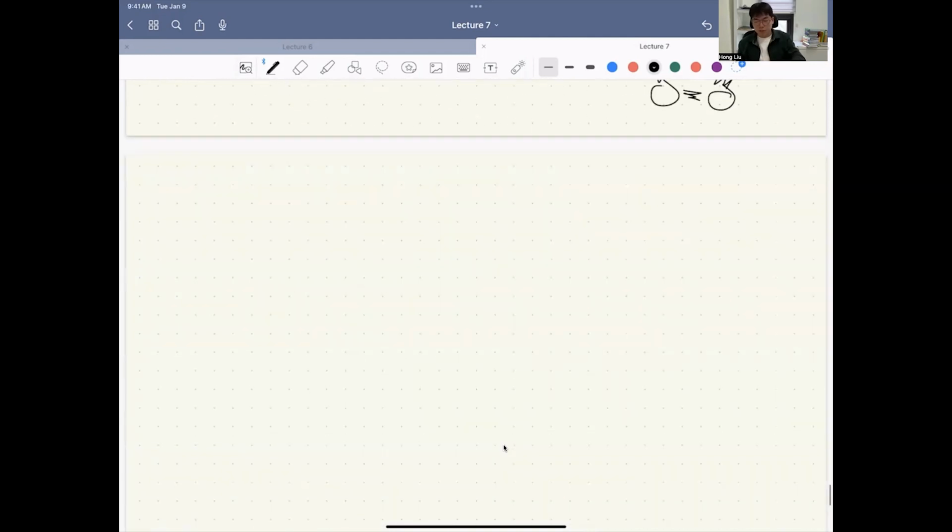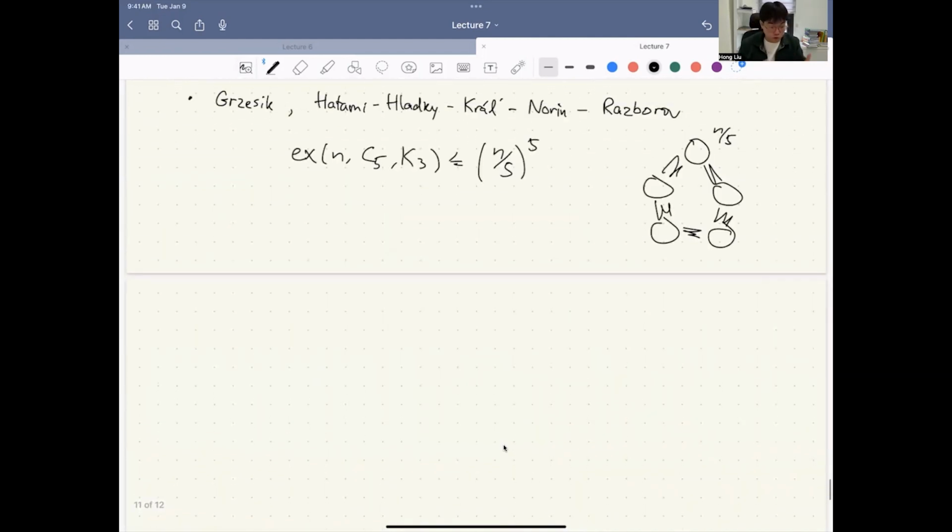Maybe let me finish today's lecture with two famous conjectures, which are still open, which can be put into this generalized setting of Turán problem. There's actually some prize money, $250 if you solve them. The first one is called sparse halves.